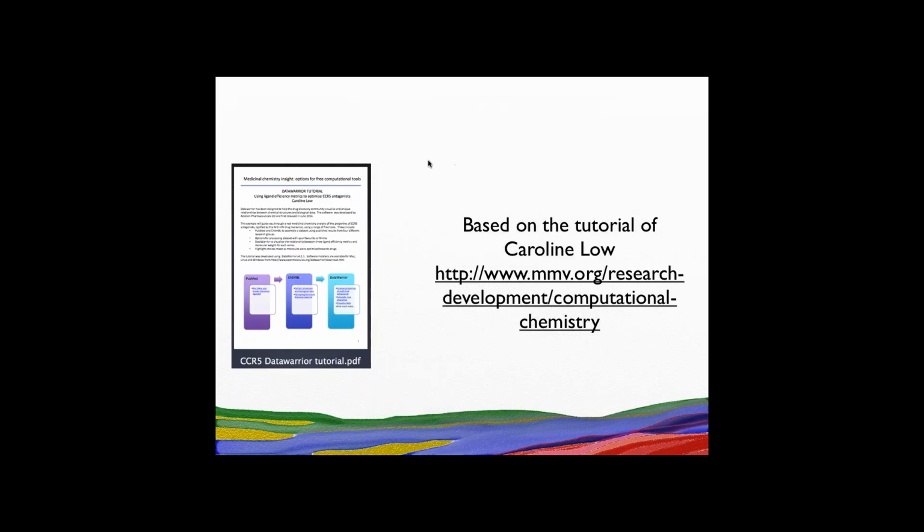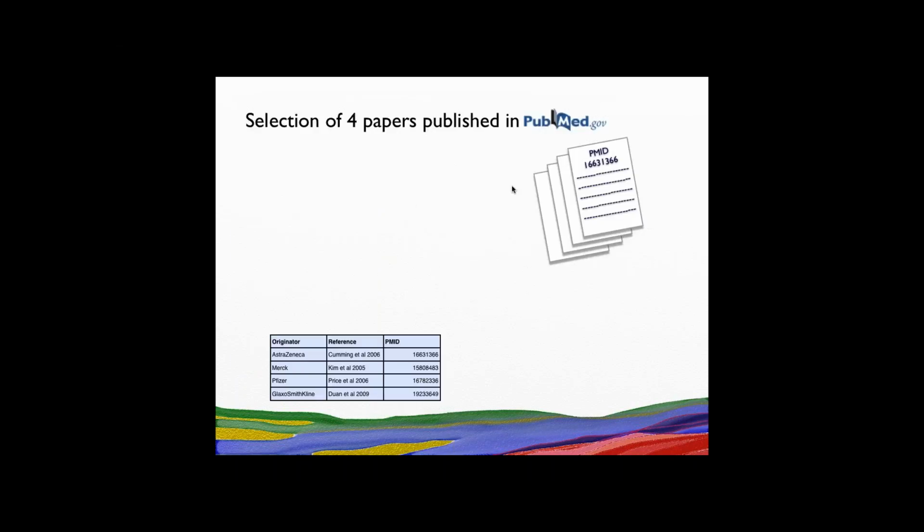She has published an excellent tutorial that you can find on the MMV page. The tutorial is about using ligand efficiency metrics to optimize CCR5 antagonists with DataWarrior, and she has based it upon the analysis of 4 papers that are listed there.